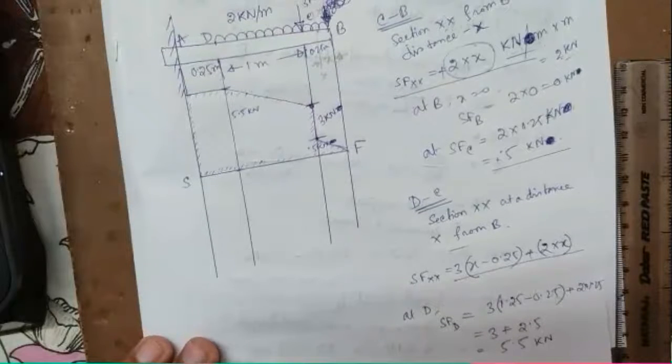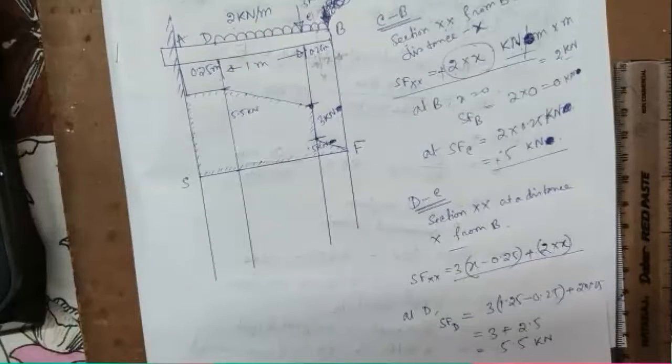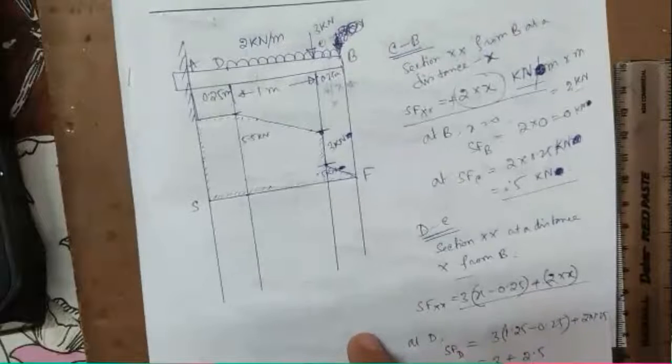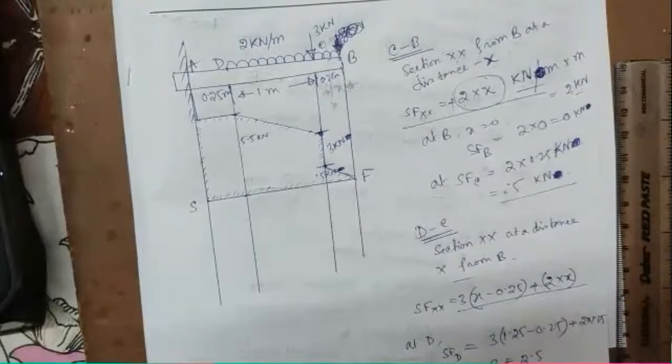This 3 kilonewton load is acting at point C only. This is a point load. The load shown by the arrow is a point load and acting on C only.